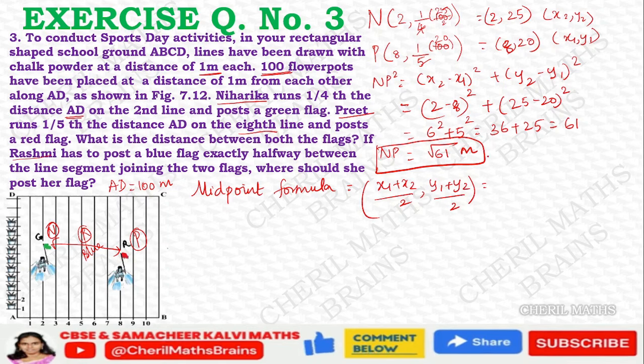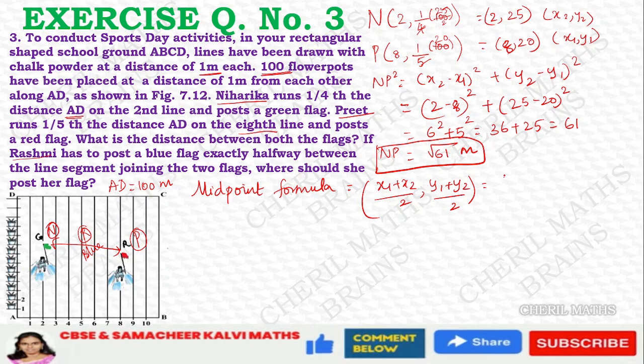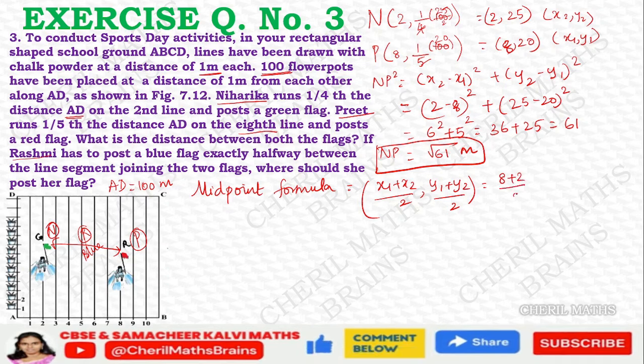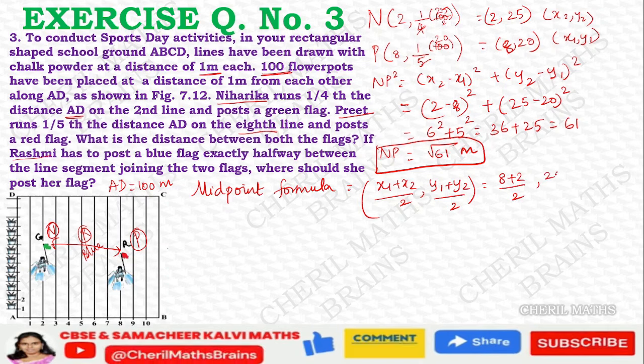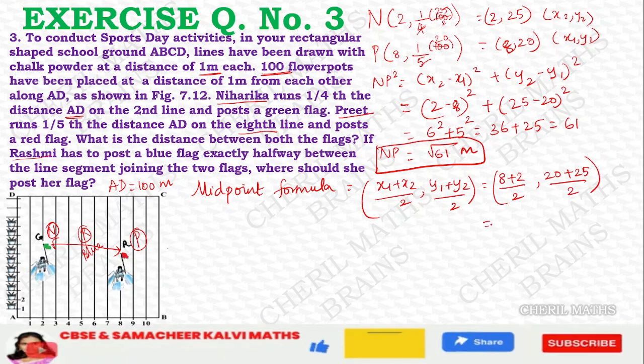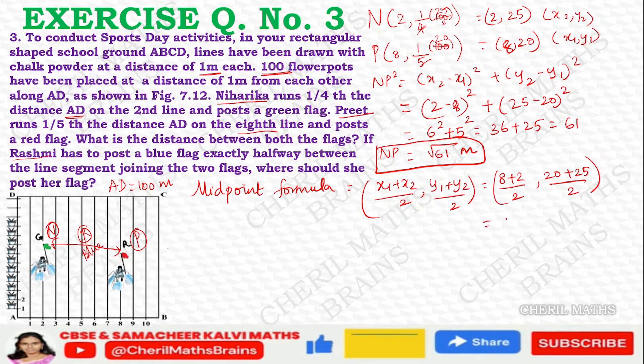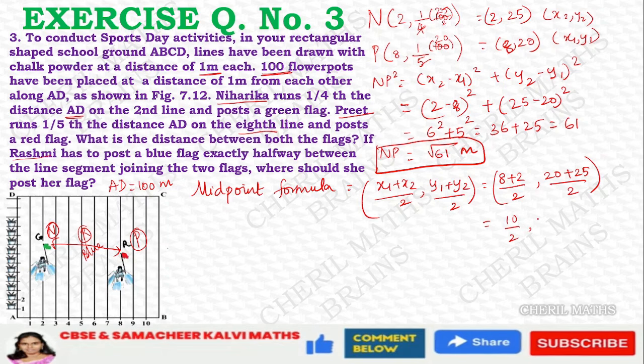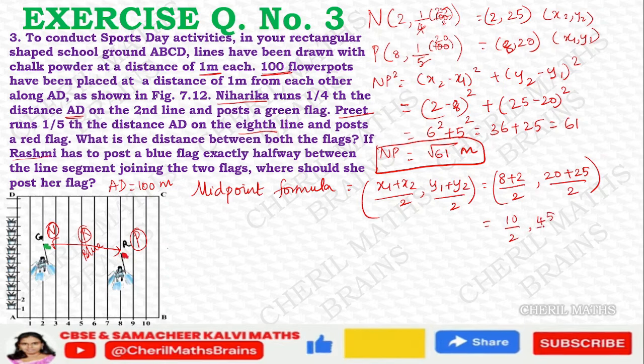We've already considered x1, x2, y1, y2. So it will be 8 plus 2 divided by 2 comma 20 plus 25 divided by 2. So what is it going to be? It will be 10 by 2 comma 45 by 2.